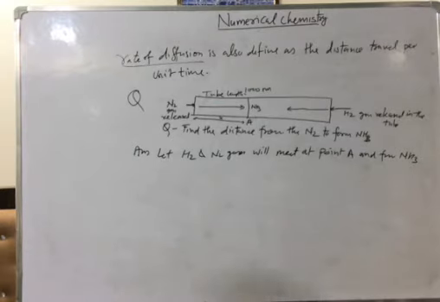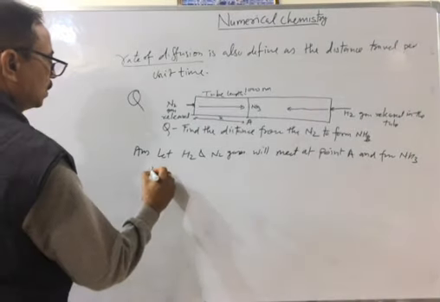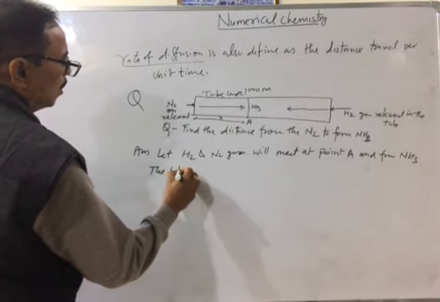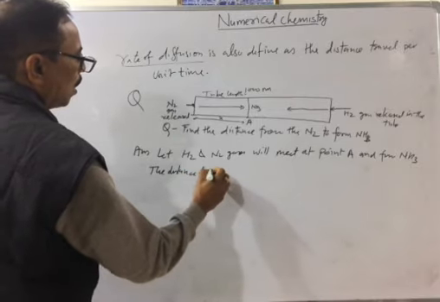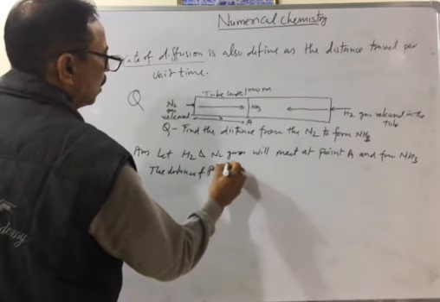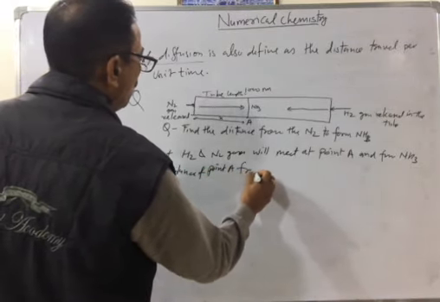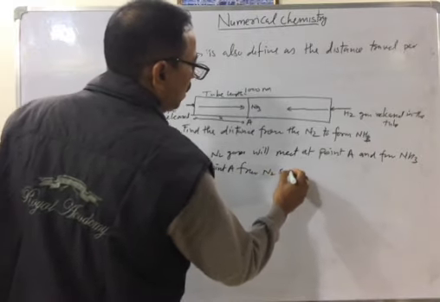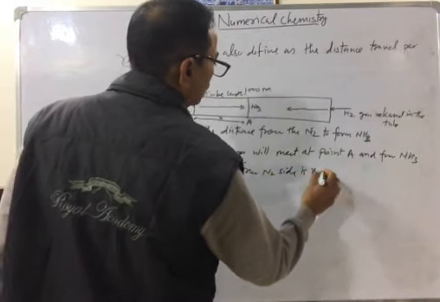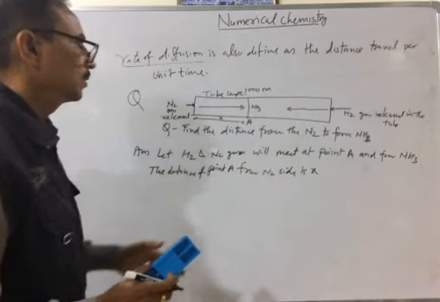The distance of point A from the nitrogen side is x.